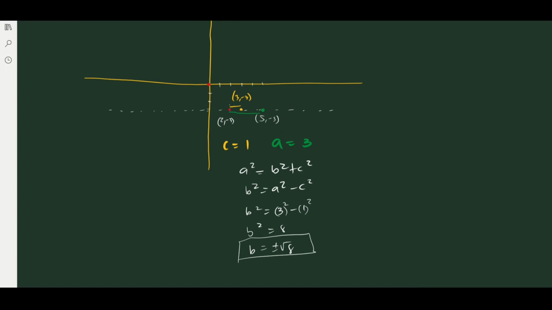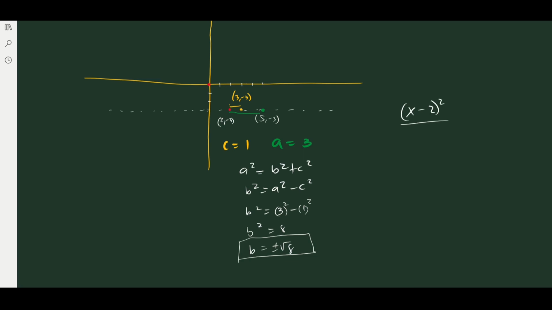Remember that our center is no longer at the origin. It is actually at (2, -3). So what happens to our equation if that is the case? x should be subtracted by 2, right? Because it is shifted 2 units to the right. So (x minus 2) squared all over, what should be the denominator of x?